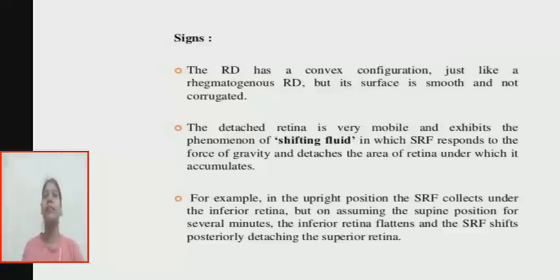Now, signs. The retinal detachment has a convex configuration just like a rhegmatogenous retinal detachment, but its surface is smooth and not corrugated. The detached retina is very mobile and exhibits the phenomenon of shifting fluid.